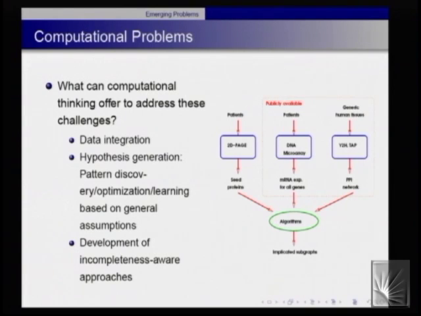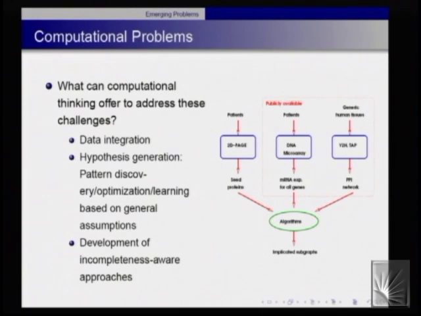We have the proteomic data, which captures activity, but it is at a lower scale. We have the gene expression data, which is at a larger scale, but it doesn't capture the activity very well. And we are trying to use the generic networks to integrate this type of data. That is one thing that computational approaches offer, and I will briefly explain this.